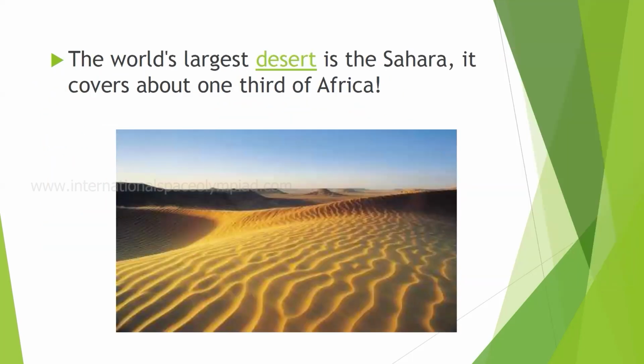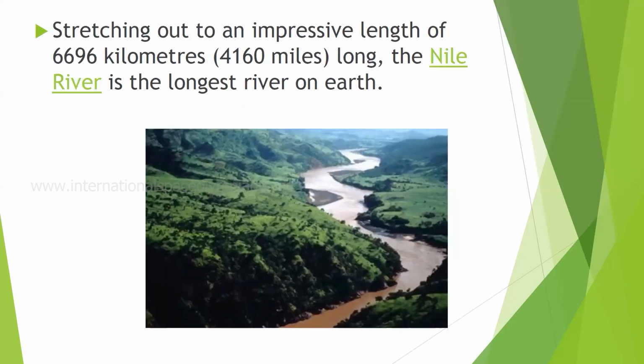Now, the world's largest desert is the Sahara, and it covers about one third of Africa. The longest river is the Nile, stretching a length of 6,696 kilometers.